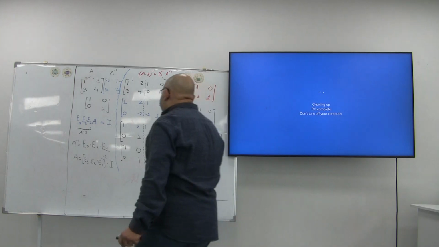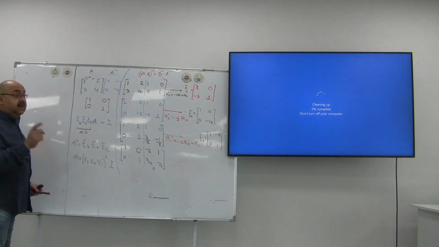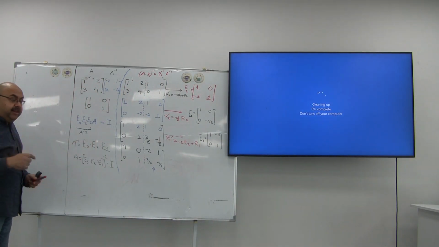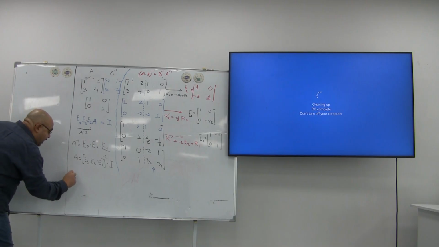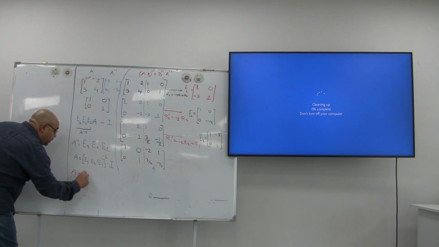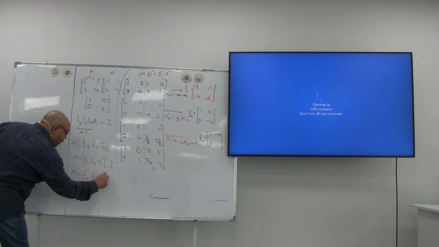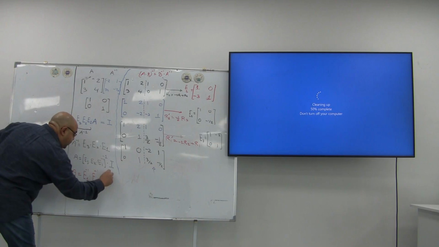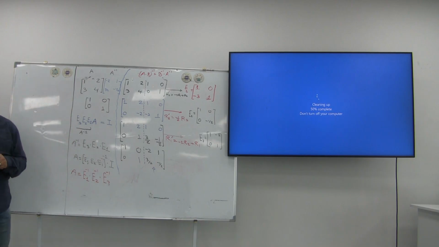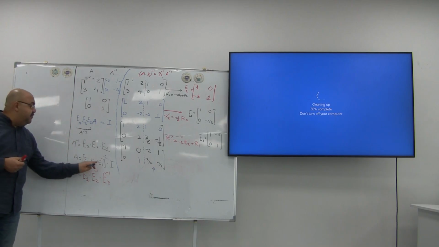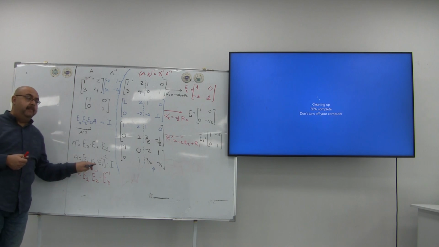Now I have the inverse of these processes. See how I'm going to rewrite it. Matrix A is going to equal E1 to the power of -1 times E2 to the power of -1 times E3 to the power of -1. If you remark, I have reversed the order of the operations.